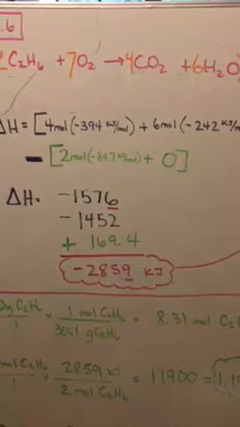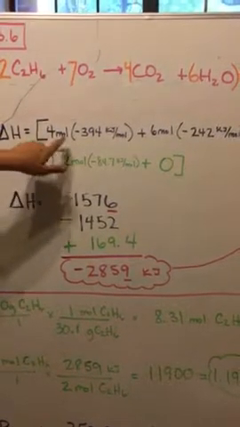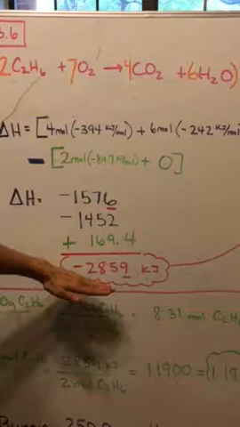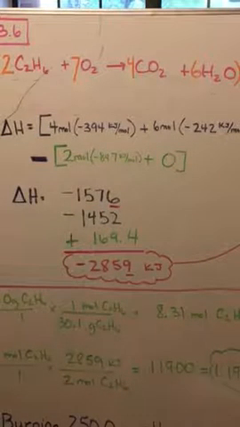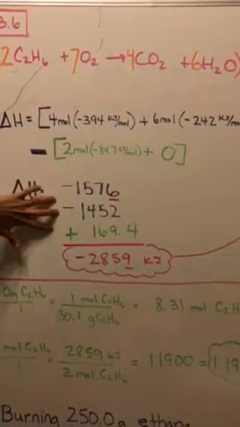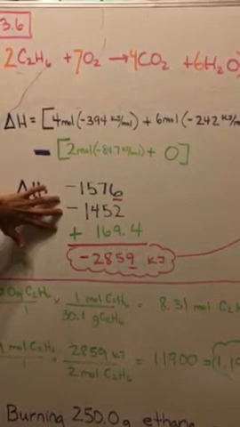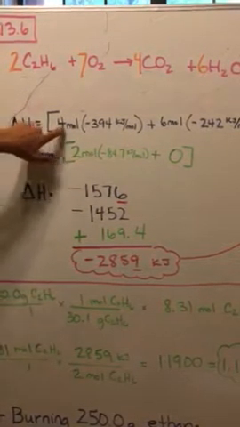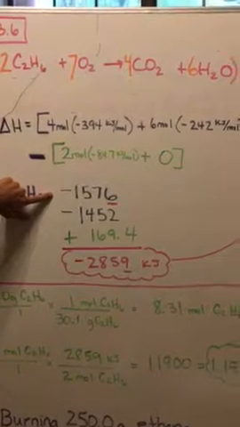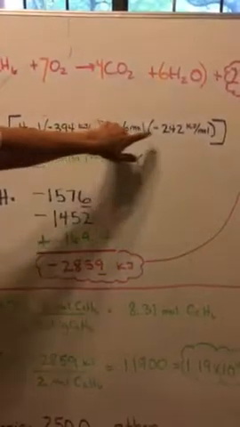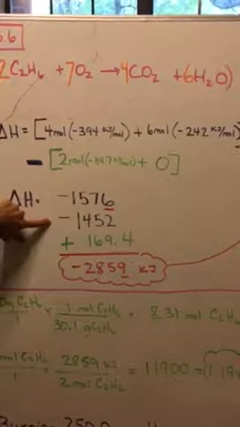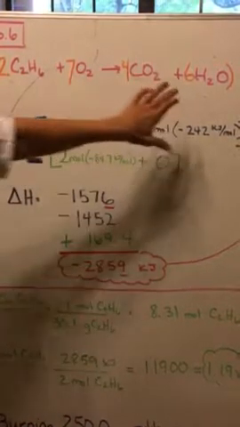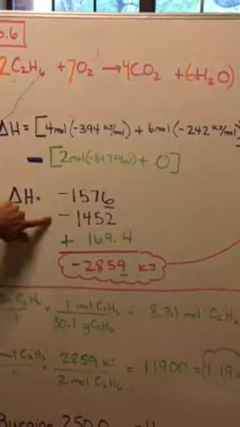So that's just 0. Then what I like to do is multiply it out and make it go vertically, because that way I can see where I need to have my numbers for significant digits. I multiplied 4 times this, and I get negative 1576. 6 times this, and I get negative 1452, which I'm adding, but basically I'm adding negative numbers.